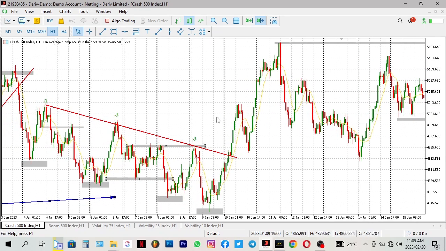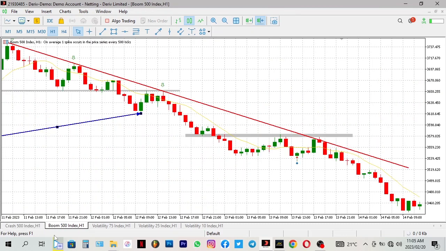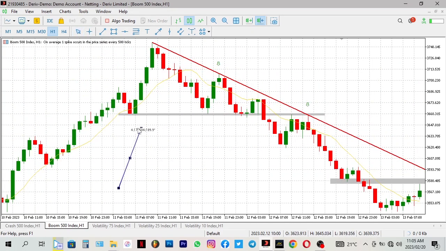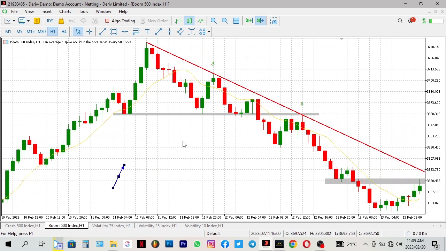One of the good reasons to trade this index. Up next we have Boom 500. On Boom 500 we also have a downtrend, with the market going down.